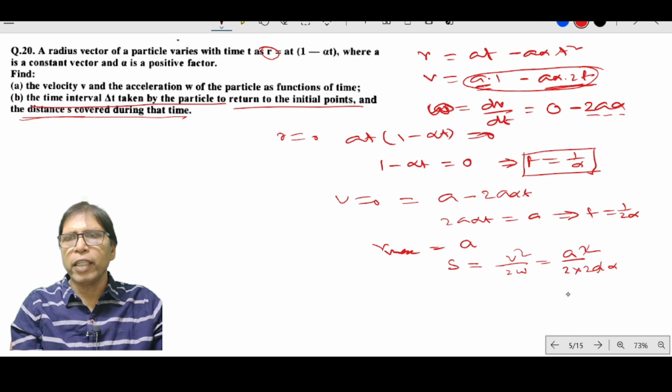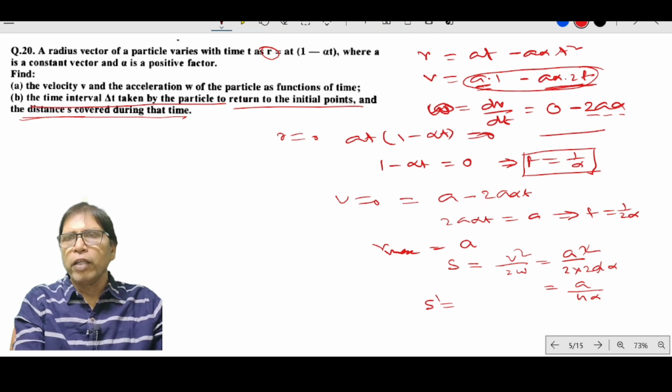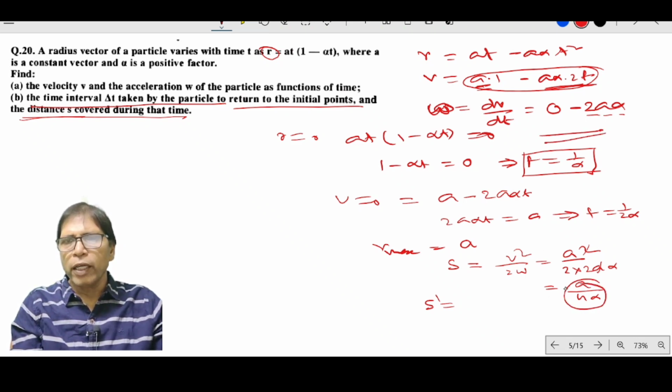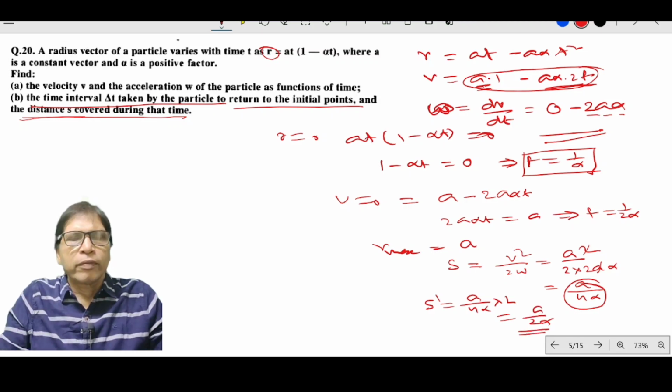This and this cancel out, so this is a by 4 alpha. Therefore, the total distance s dash equals this distance and this distance, so twice this first part. Therefore, a by 4 alpha into 2, so a by 2 alpha is the distance traveled.